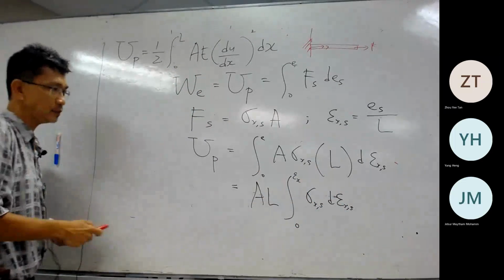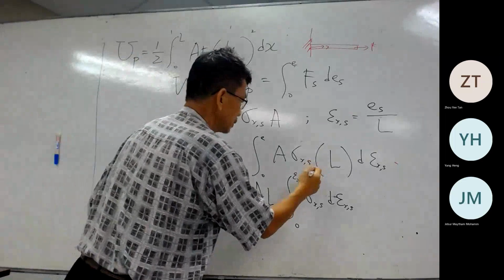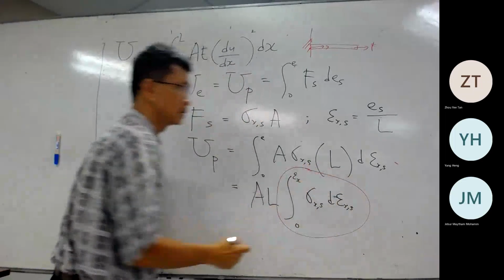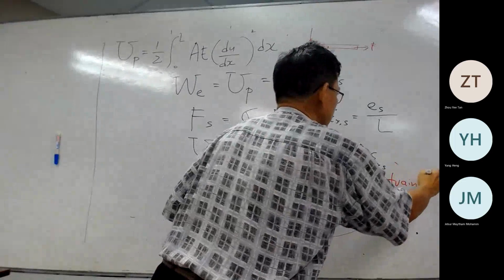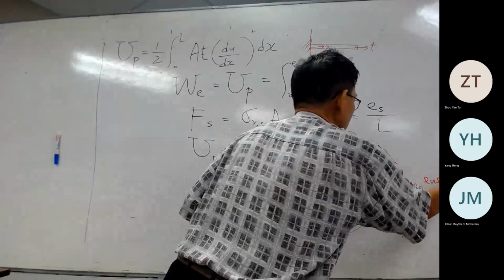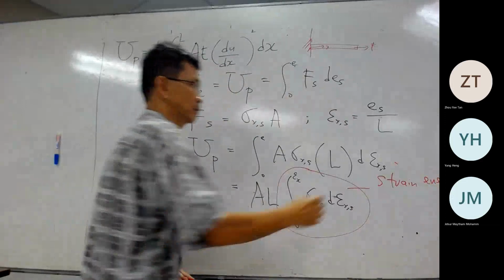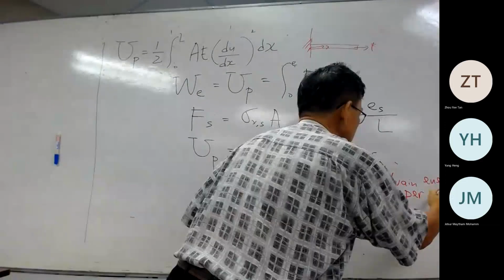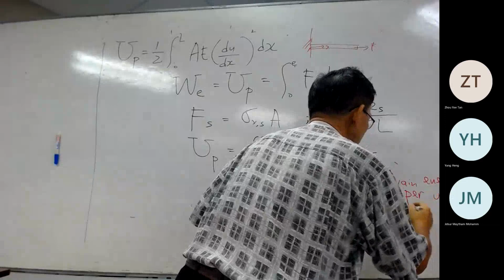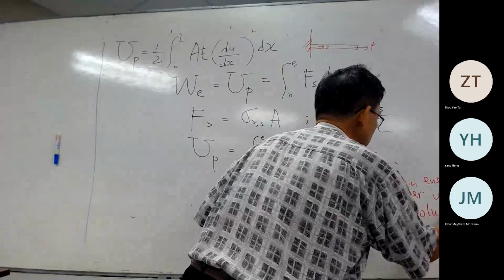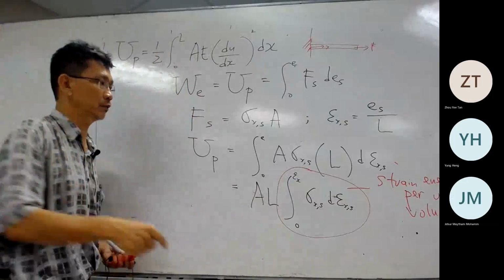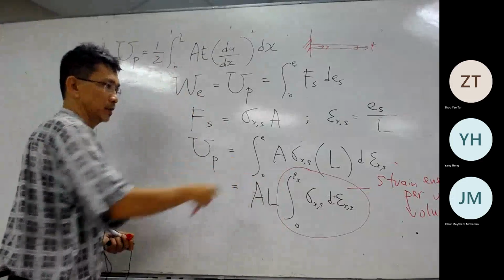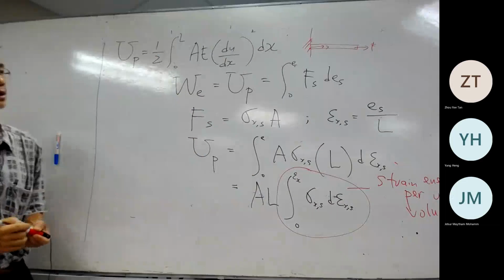Because A multiplied with L gives the volume, and this is strain energy, so this becomes strain energy per unit volume.